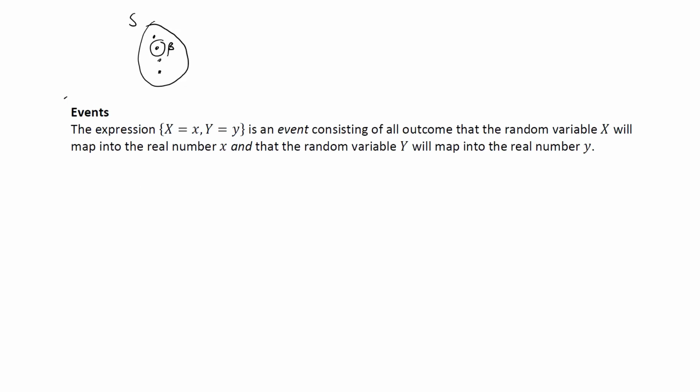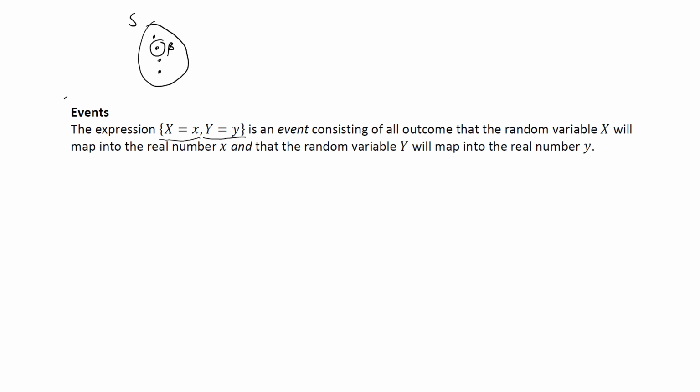So if I have 2 random variables, x and y, then an expression which looks like this, the collection where the random variable x takes the value lowercase x, comma, random variable y takes the value lowercase y, will be an event.